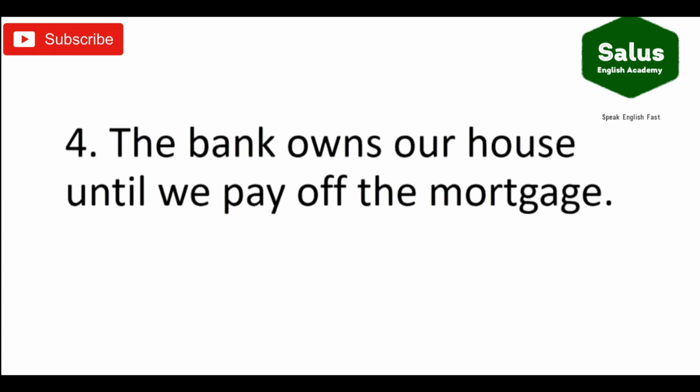Yes, you pay everything, not a single franc left. That's pay off, okay? Listen again. The bank owns our house until we pay off the mortgage. Let's repeat again. The bank owns our house until we pay off the mortgage. Good.